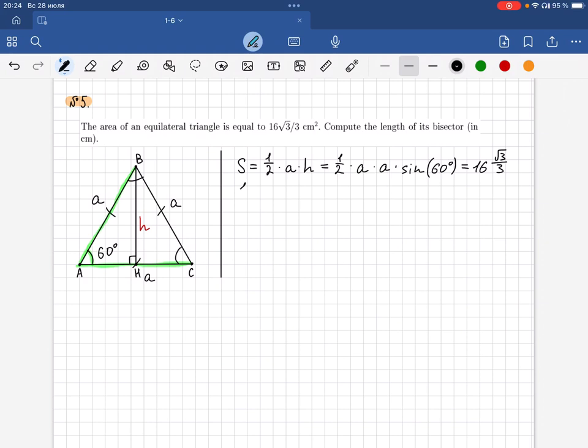So 1/2 multiplied by A squared multiplied by the sine, which is just square root of 3 divided by 2, equals 16 square root of 3 divided by 3. Let's just divide it by square root of 3.